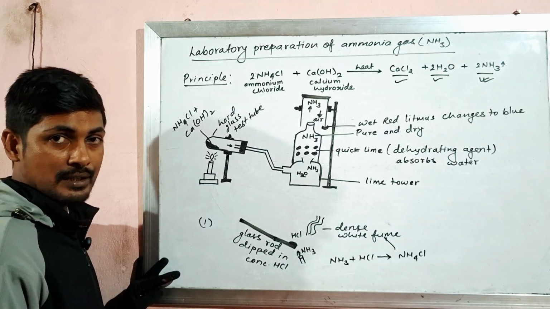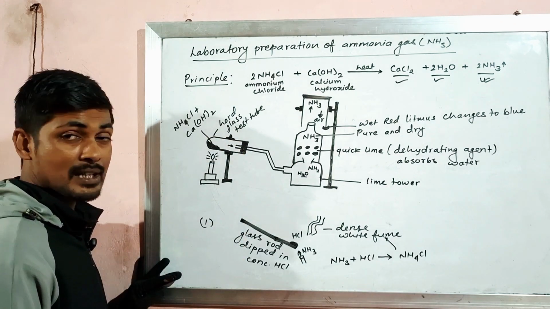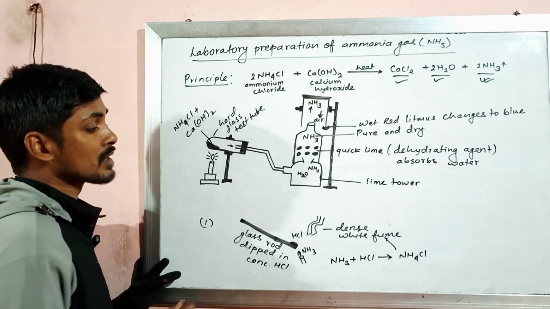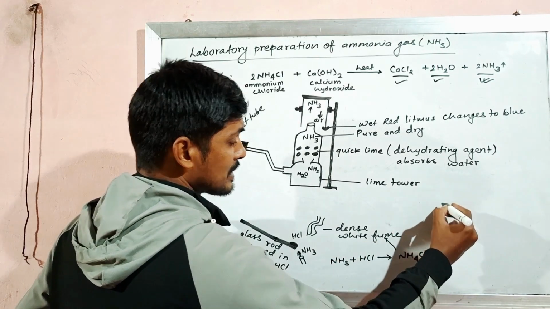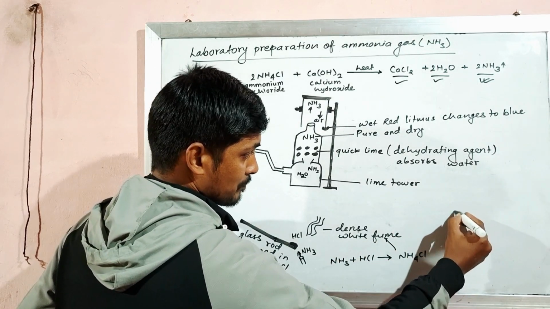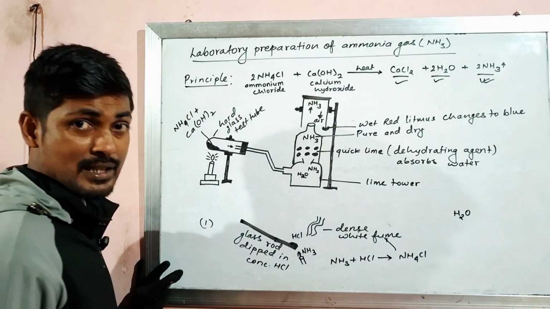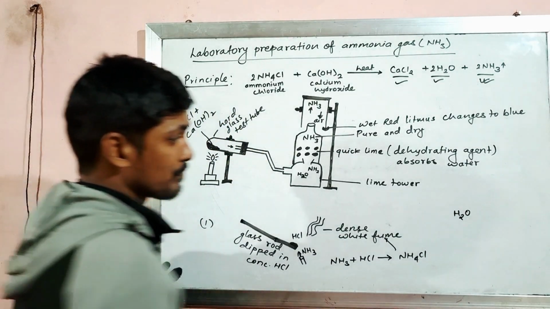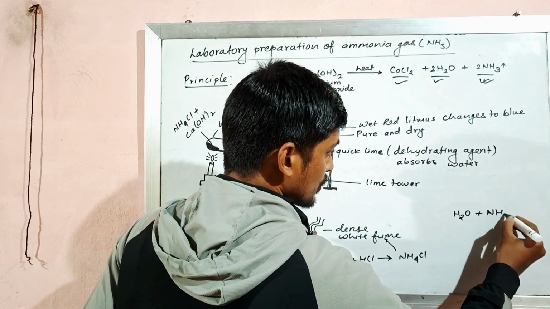one question arises here: why do we not collect this ammonia gas in the gas jar containing water? If we collect this ammonia gas in the gas jar containing water, then what happens? Ammonia is highly soluble in water.